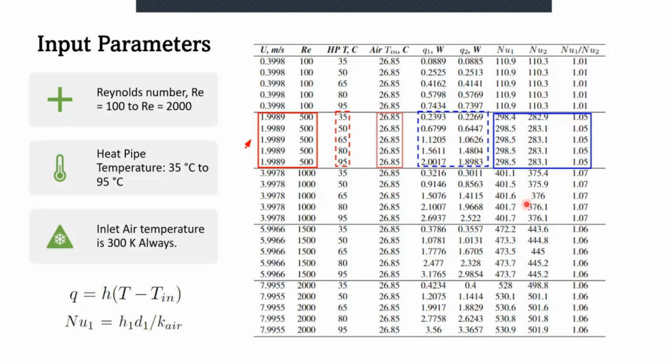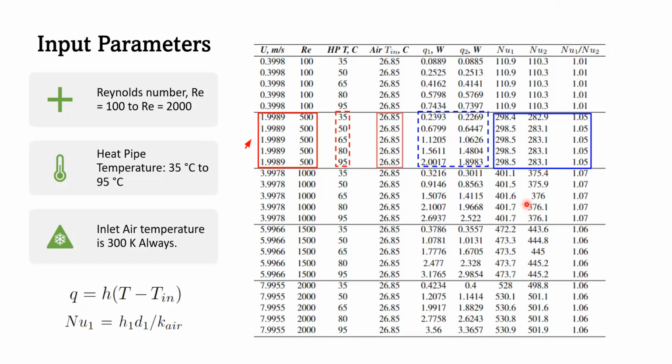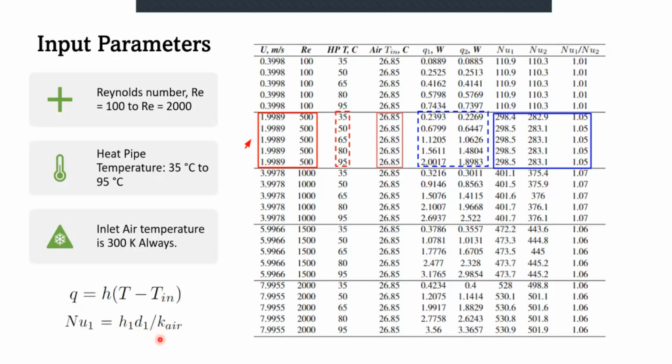So Nusselt number is a function of Reynolds number and Prandtl number. Prandtl number is 0.7 for air, which is the working fluid for our study here. And this Nusselt number is calculated using this equation, h times the diameter of the heat pipes divided by the thermal conductivity of air.